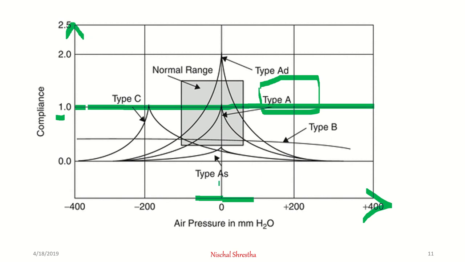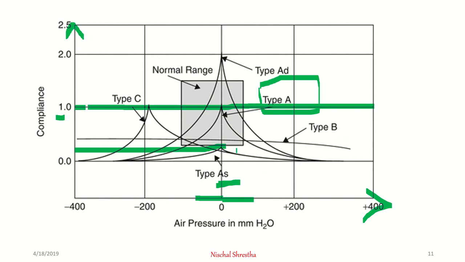And type AS, pressure is at the normal range, but the compliance has reduced. And in type AD, pressure is in the normal range, but the compliance has increased to the maximum.